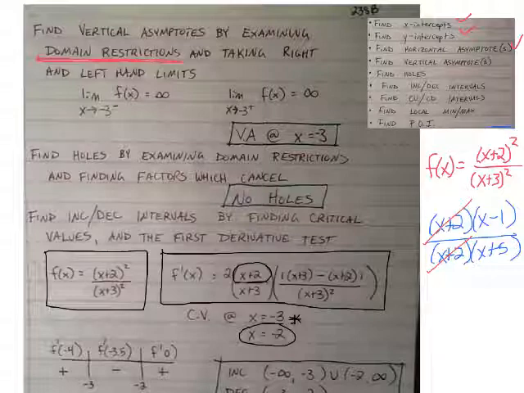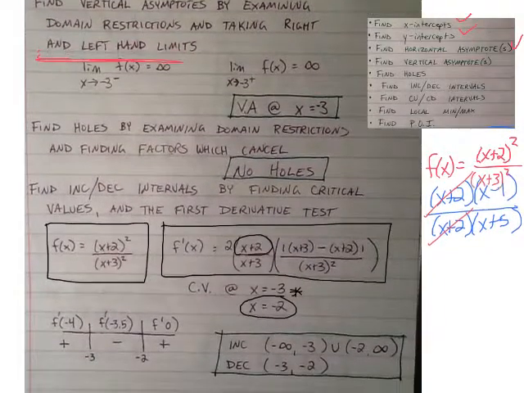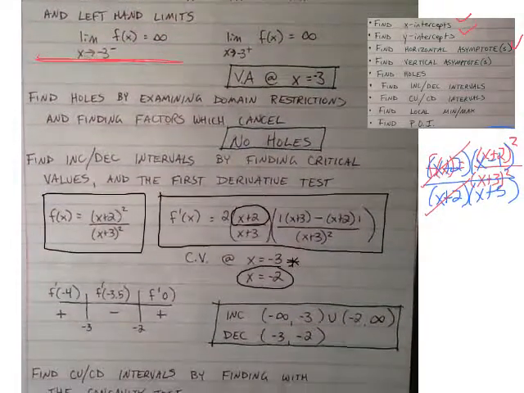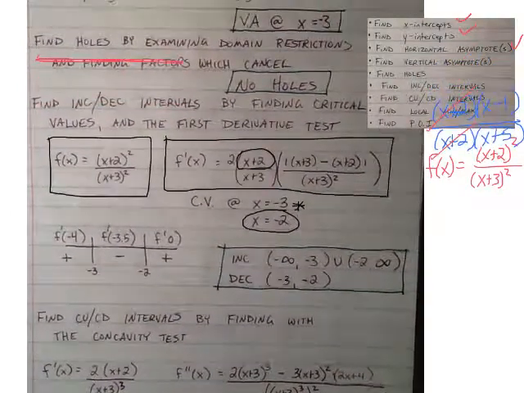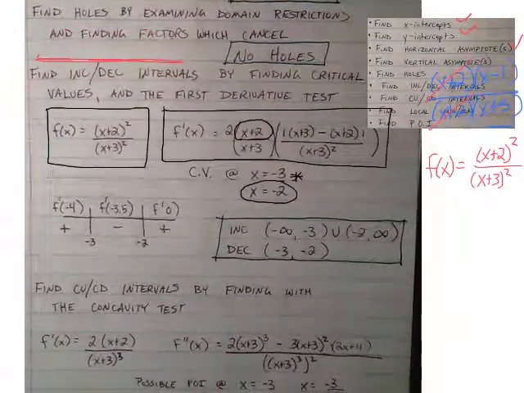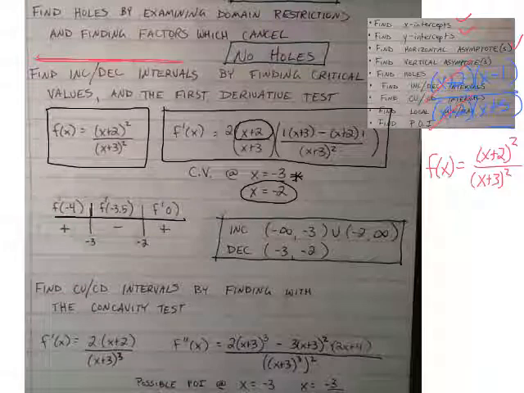So with those two critical values, I set up a table, and I use that table to find whether it's increasing or decreasing. And so what I did is I drew the table. Let's do it in red. I drew the table and I said I have the value of -3 and I have a value of -2, and I'm going to test values in each interval.